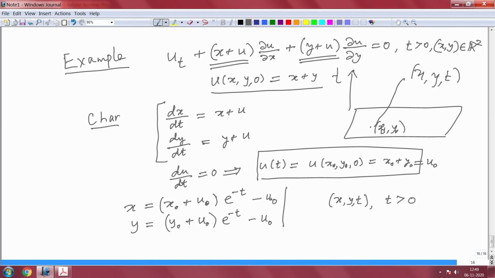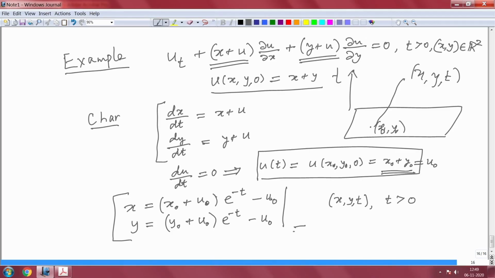From these two equations, it is easy to solve for x 0 y 0, but we do not need that. What we need is x 0 plus y 0 together. That is much easier to obtain. So, just little algebra, I just leave it.